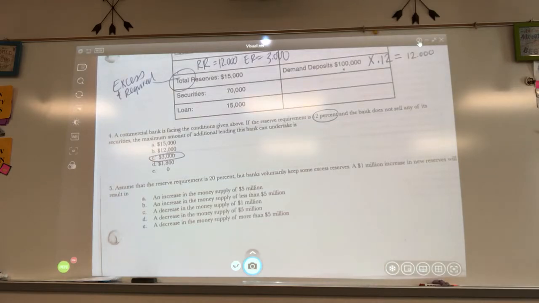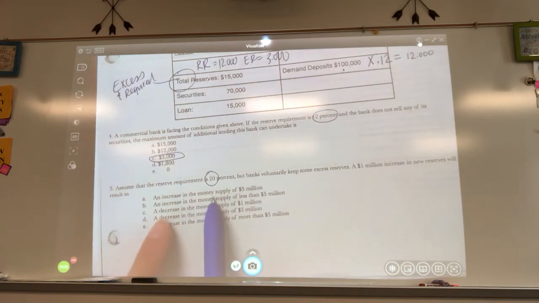Question 5. Assume the reserve requirement is 20%, but the bank voluntarily keeps some excess reserves. A $1 million increase in new reserves will result in, okay, wait. They keep some excess reserves, right? They want to see how much the money supply will increase.